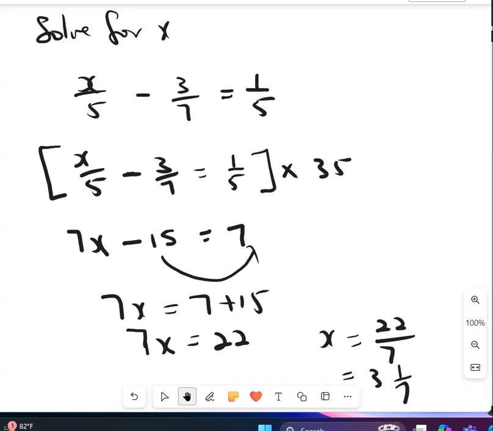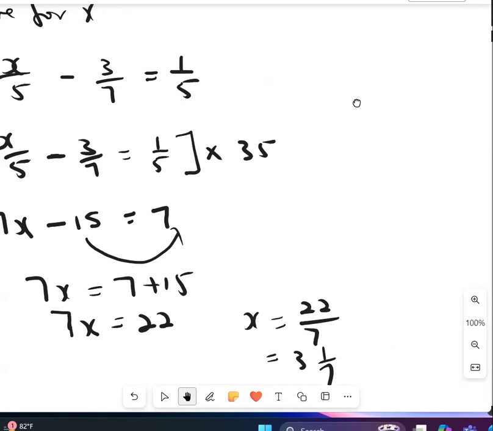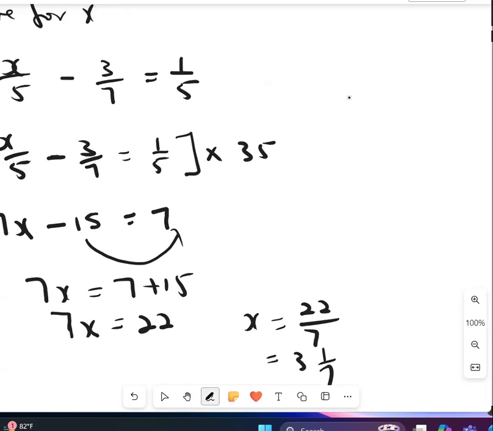But there are always several ways you can do it. What you can do is take this 3 over 7 over here. Let's try a different way now. So x over 5 will be equal to 1 over 5 plus 3 over 7.